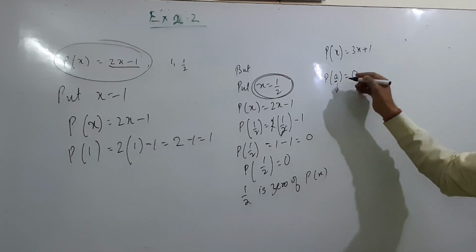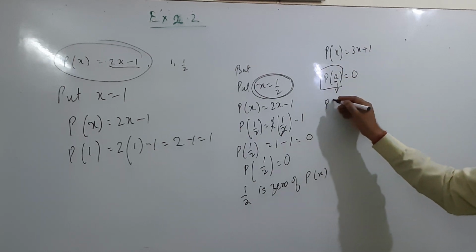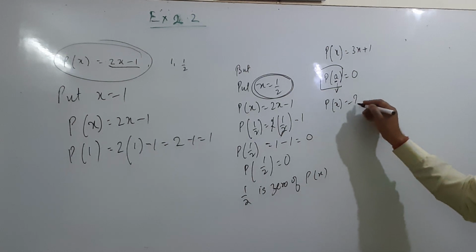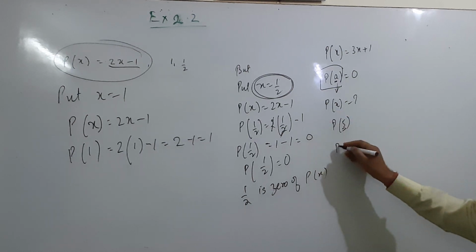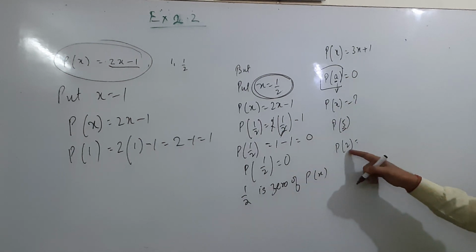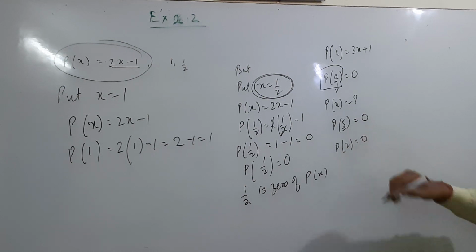It may be any value. It means a is the zero of this polynomial. If p(5) is 0, then 5 is the zero of p(x). If p(2) is 0, then 2 is the zero of p(x). It means this will be equal to 0.